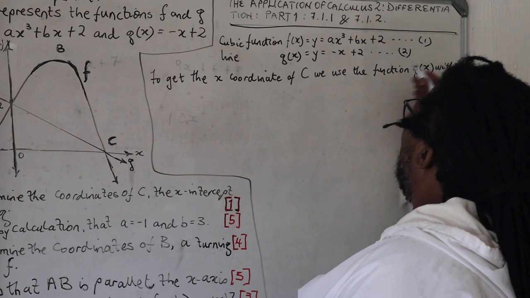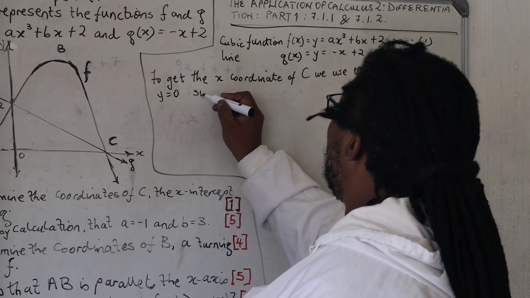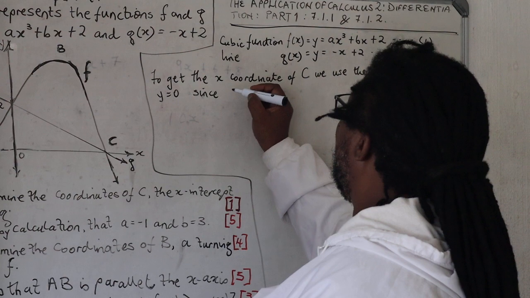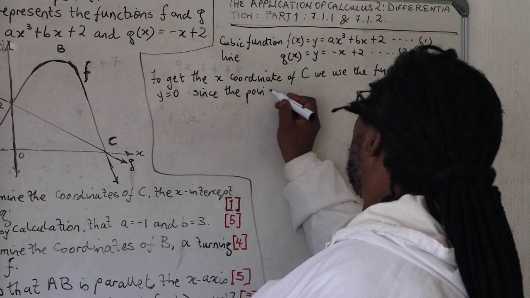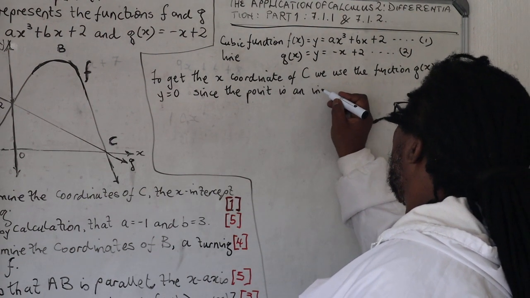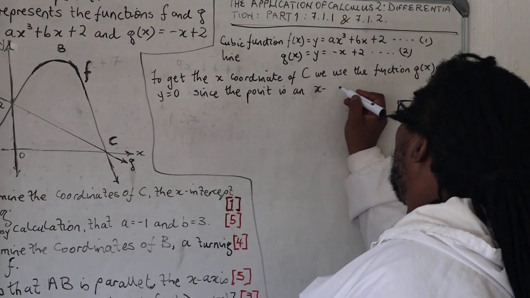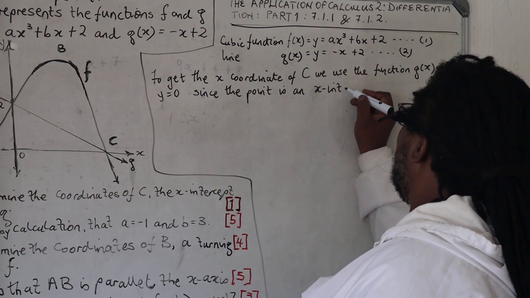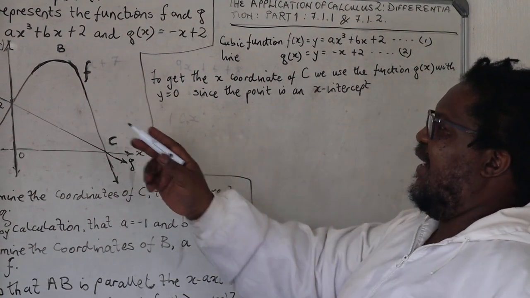with y equal to 0, since the point is an x-intercept. You have to specify x-intercept because it could be a y-intercept like 2 on the diagram there.